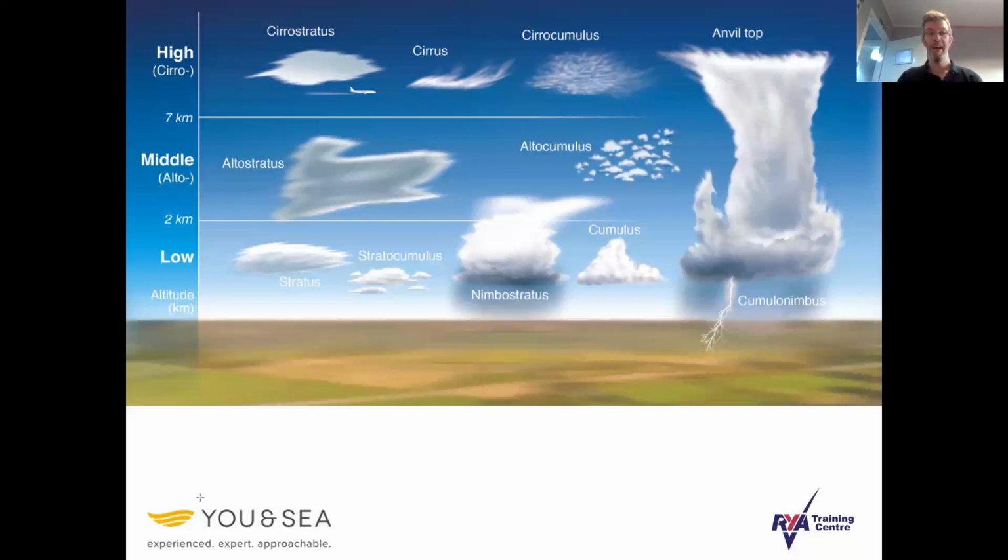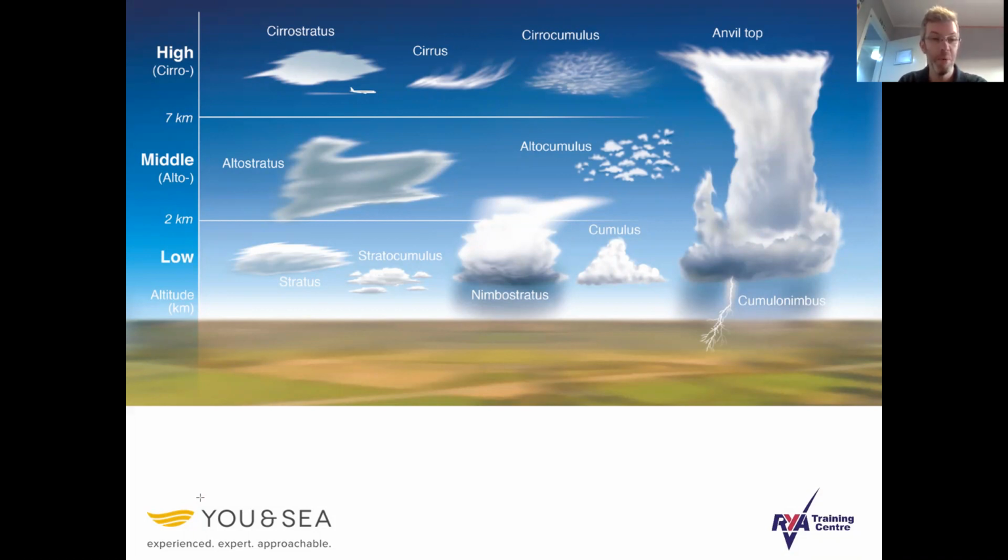Simplifying even further, in my slightly pessimistic view of Scottish weather, if the clouds are white, it means it's not going to rain, and if they're grey, it means it's about to rain or it's raining. And we can use that to pick our way through these clouds.